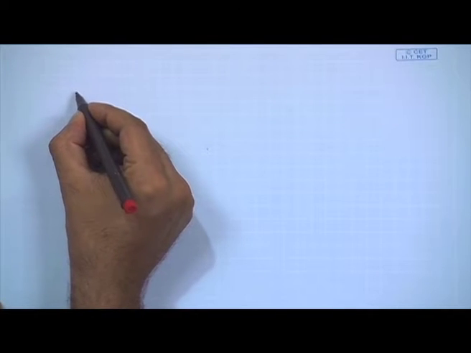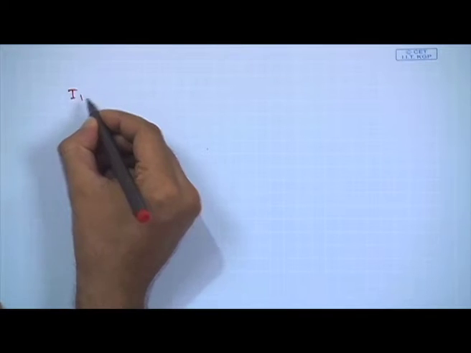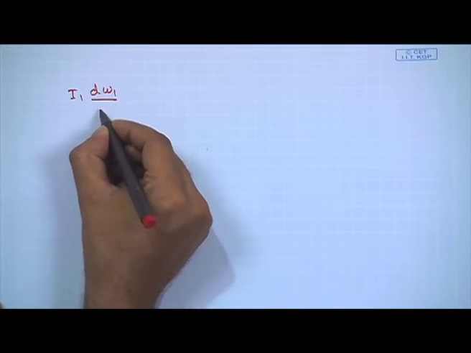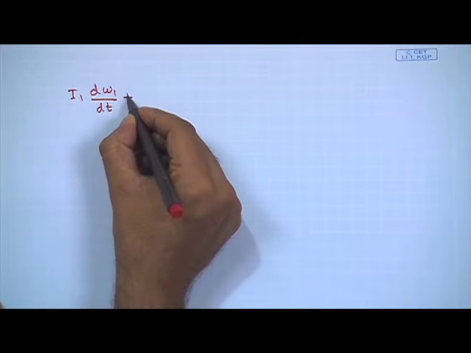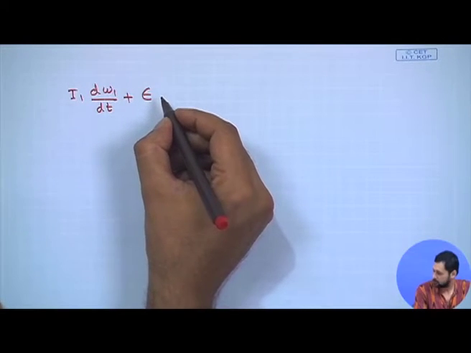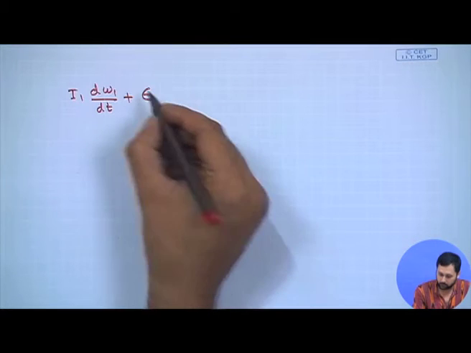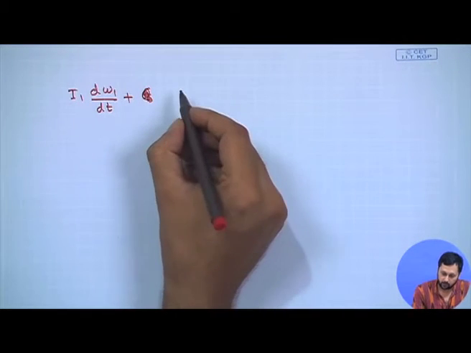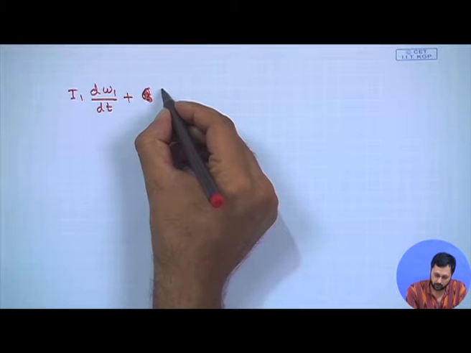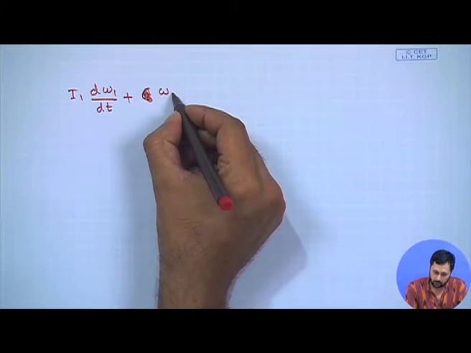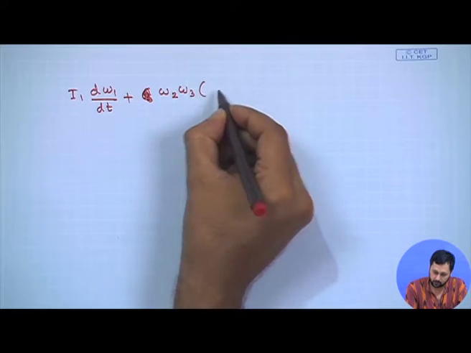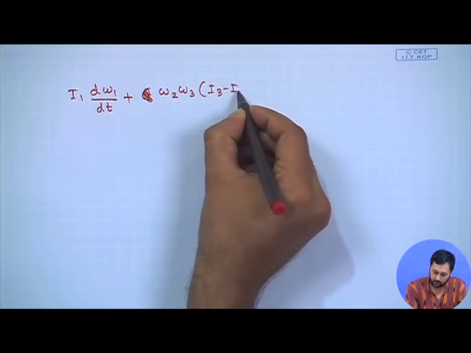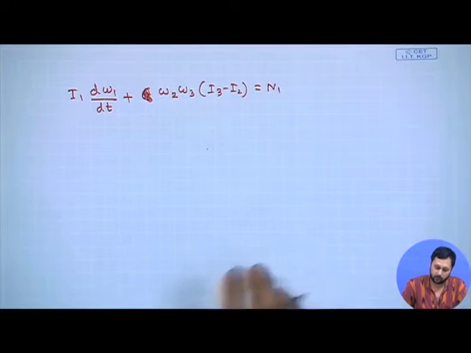Okay. Now decomposing this into three components, we can write this as I1 d omega 1/dt plus omega 2 omega 3 (I3 minus I2) equal to N1.